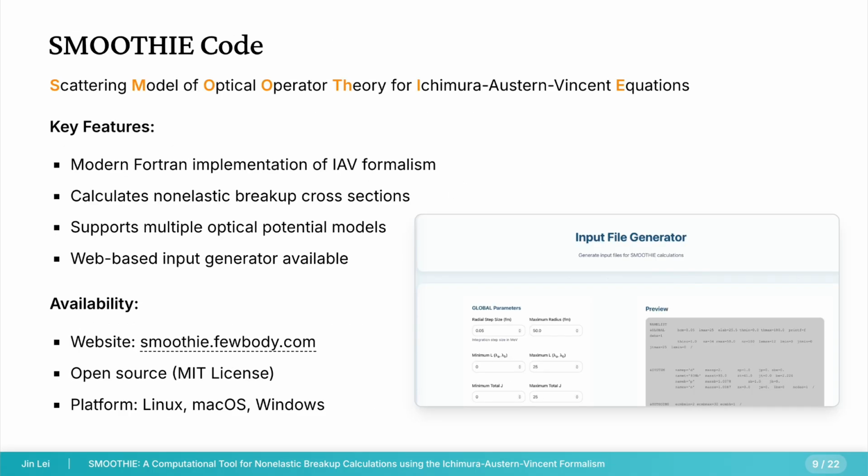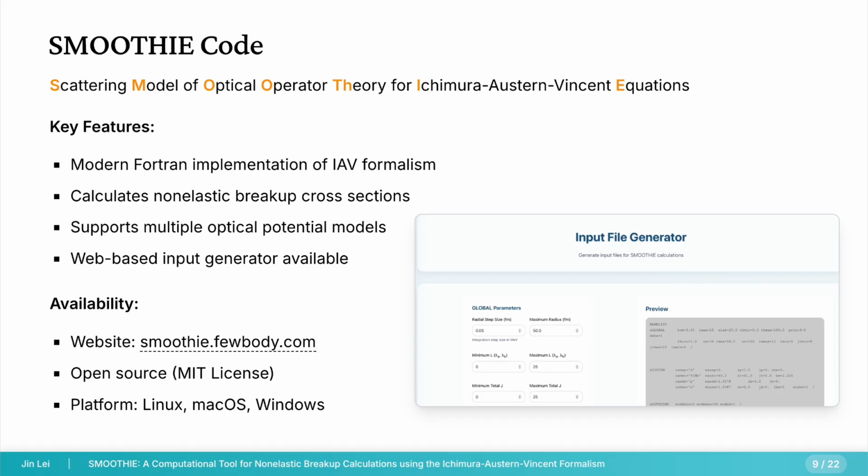Let me introduce the code. Smoothie stands for Scattering Model of Optical Potential Theory for Ichimura-Austern-Vincent equations. On this slide, the key features read as follows. It is a modern Fortran implementation of the IAV formalism and calculates non-elastic breakup cross-sections. It supports multiple optical potential models, and there is a web-based input generator for quick starts.